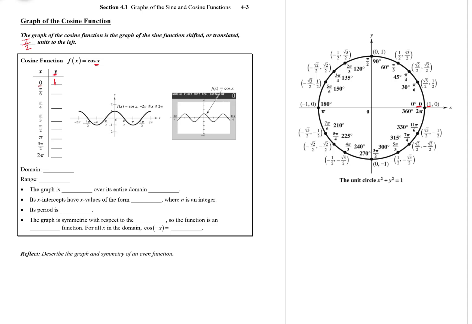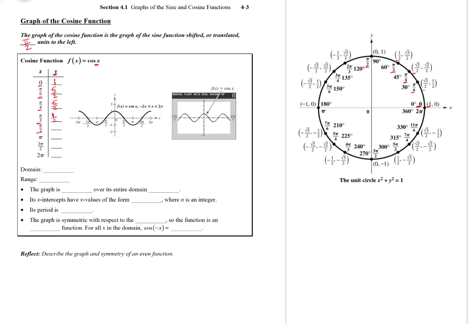If the angle is pi over 6, then the x value is root 3 over 2. If the angle is pi over 4, the x is root 2 over 2. So we're finding the cosine values for these angles. If x is pi over 3, then cosine is 1/2.